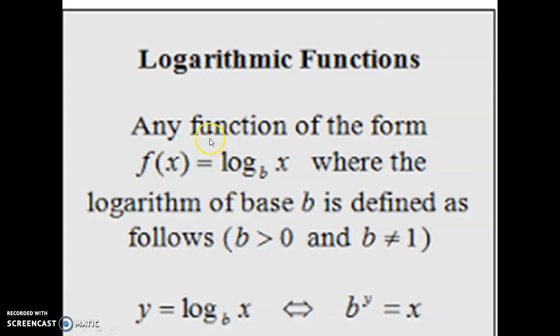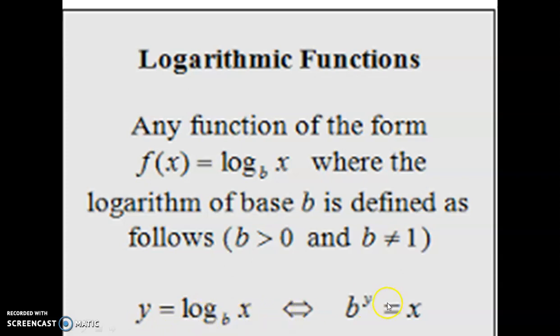Any function of the form f of x is equal to log x to the base b, where b is greater than 0, meaning a positive number, and b is not equal to 1. Y is equal to log x to the base b.